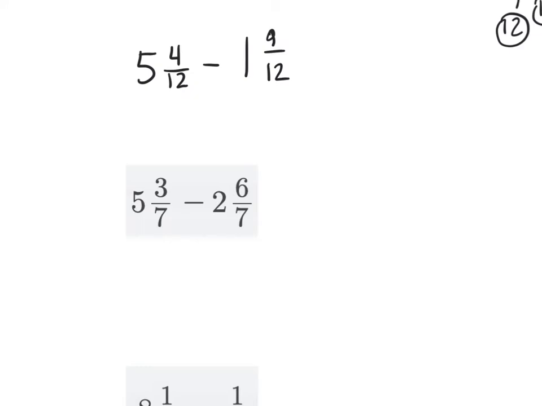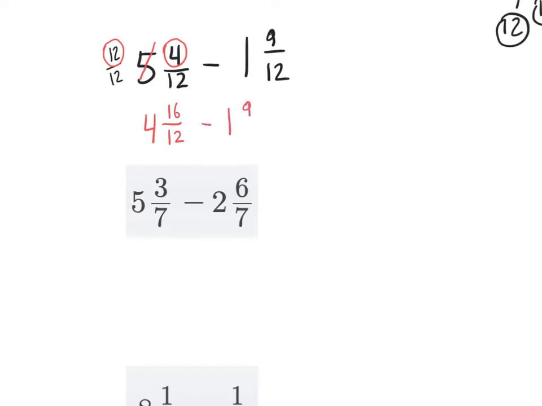If the first fraction is smaller, I'm going to break apart that whole number. I have 4, and this whole number I broke apart was 12/12. So now I have my 4 I had before plus my 12 to give me 16/12.